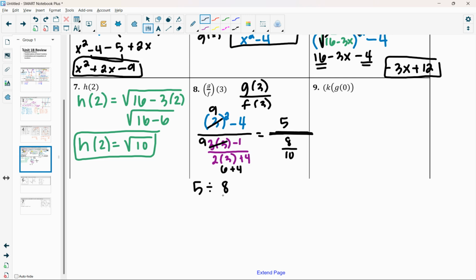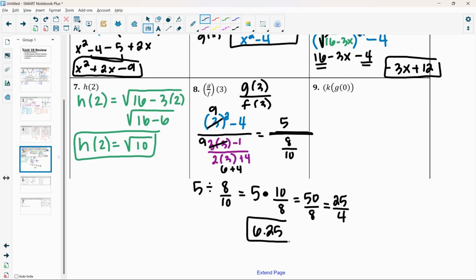So we have 5 divided by 8/10. And so then we can change this to multiplying by the reciprocal. So we'll multiply by 10 over 8. And we end up with 50 over 8. Both of those divide by 2. If you wanted to simplify the fractions, you could get 25/4. Or if you used your calculator, you would just get 6.25.